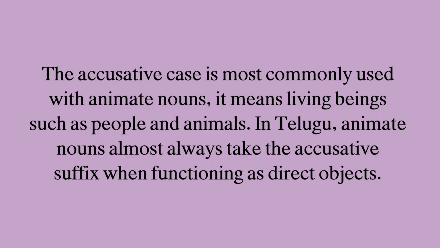Observe the following explanation carefully. The accusative case is most commonly used with animate nouns, meaning living beings such as people and animals. In Telugu, animate nouns almost always take the accusative suffix when functioning as direct objects.